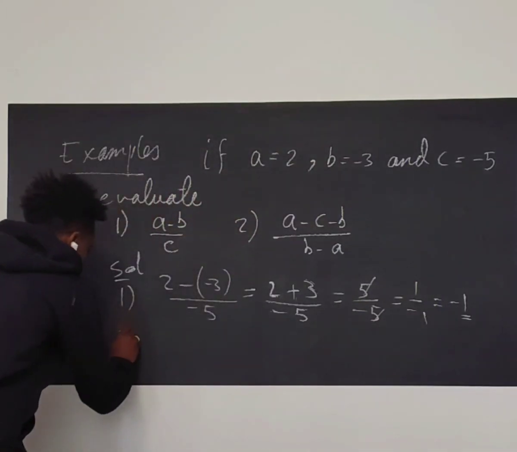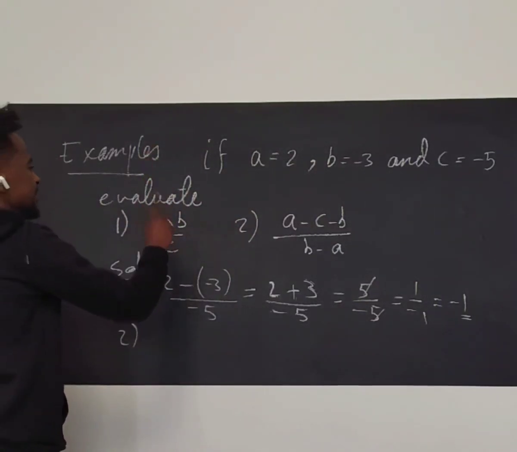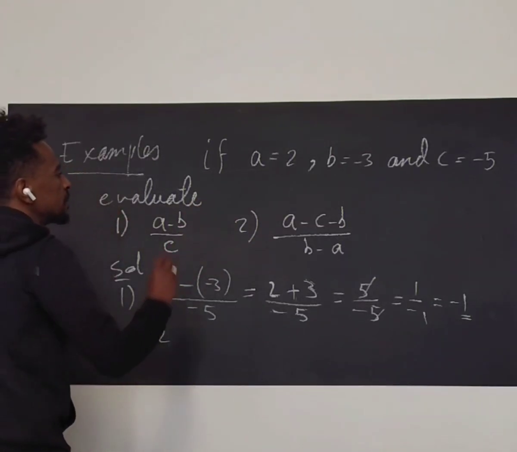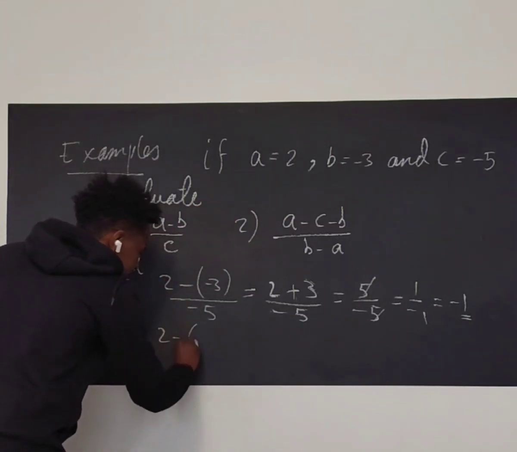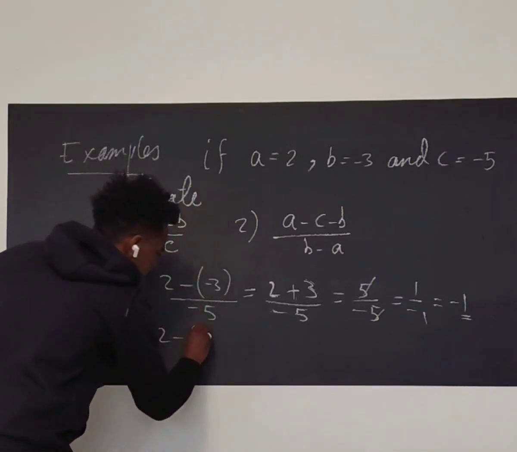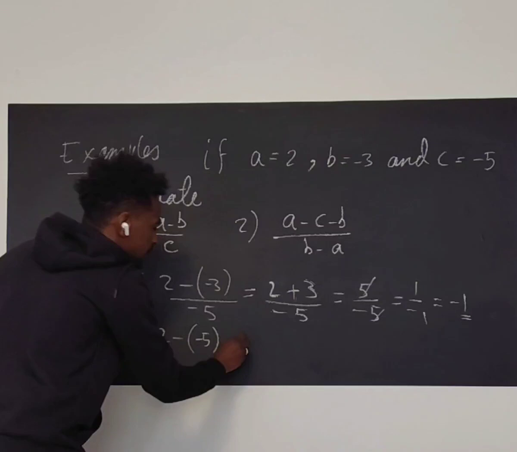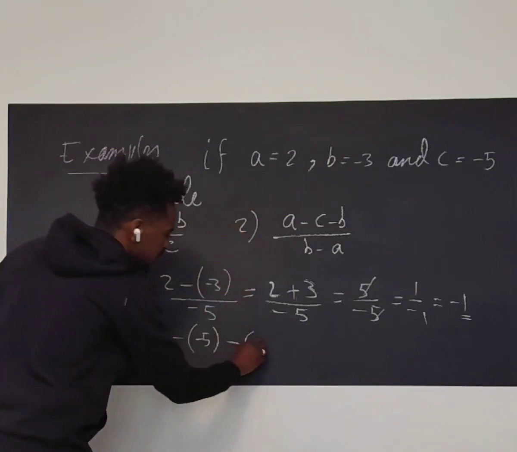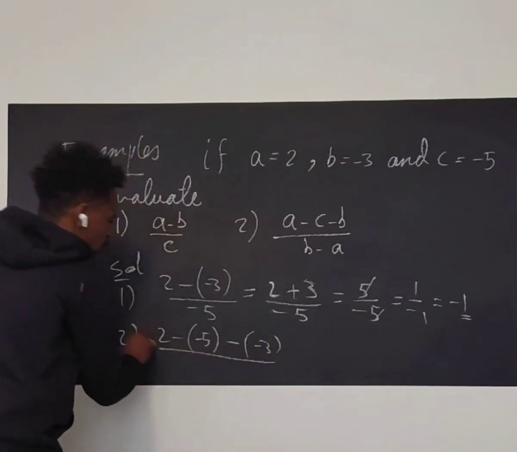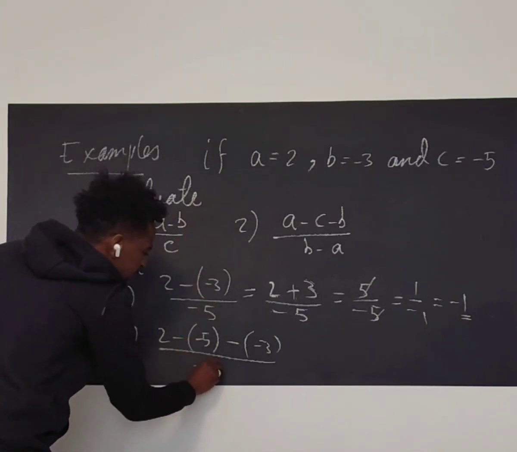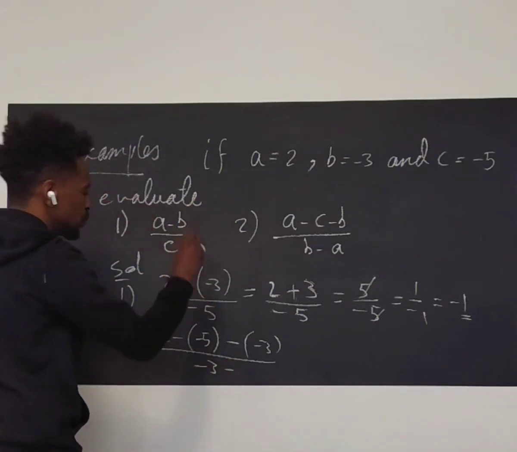Number 2, same way, a is 2 minus c, the value of c is minus 5, minus b, the value of b is minus 3, all over b minus a. b is minus 3 minus a, which is 2.